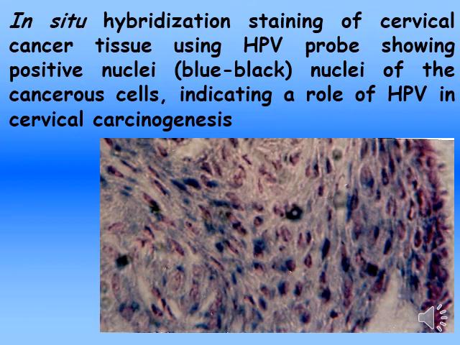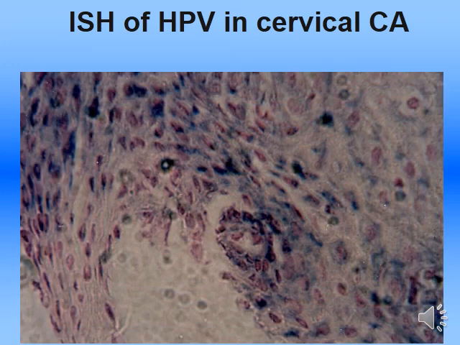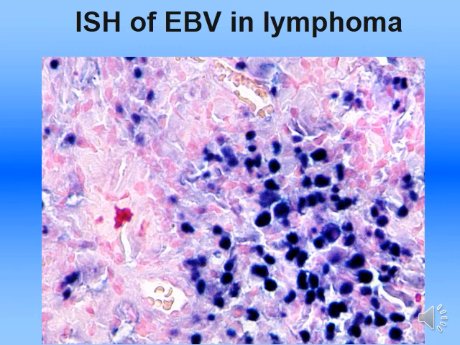Nuclei of the cancerous cell indicating a role of HPV in cervical carcinogenesis. والواضحة هنا blue and black كما مؤشر في الأسهم. in situ hybridization of HPV in cervical CA وكما مؤشر هنا في الصورة تكون واضحة. هنا ISH of EBV in lymphoma وهي أيضا واضحة الصورة.